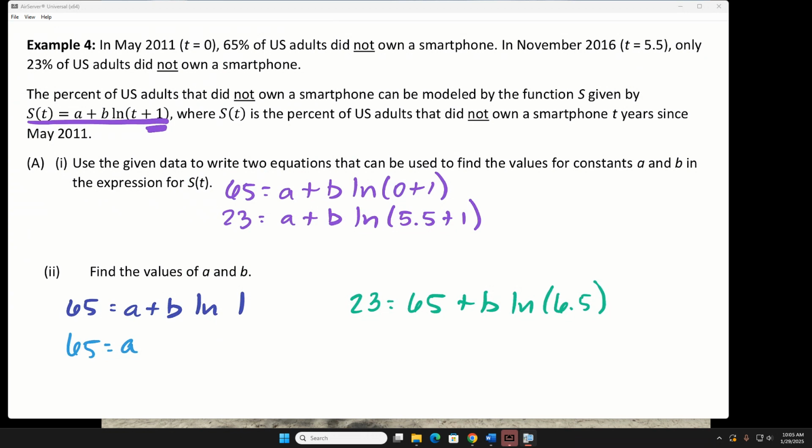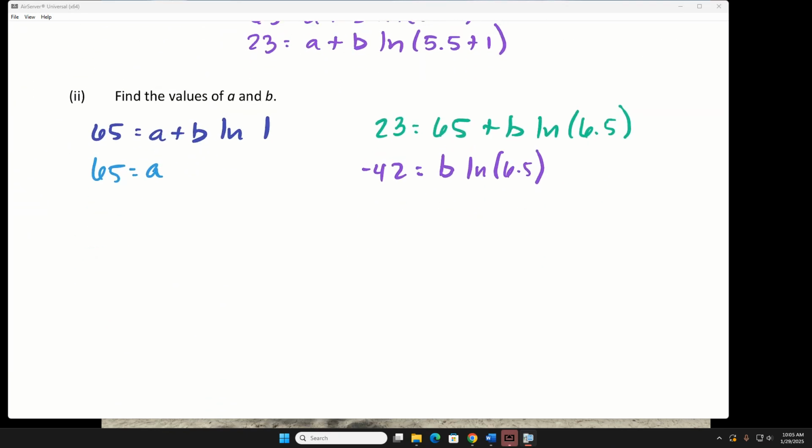And so the first thing we would do is subtract that 65. Right. And then what are we going to do to solve this for b? We don't have to do it exponential. We would divide by that natural log of 6.5. And now we're going to type in the calculator.